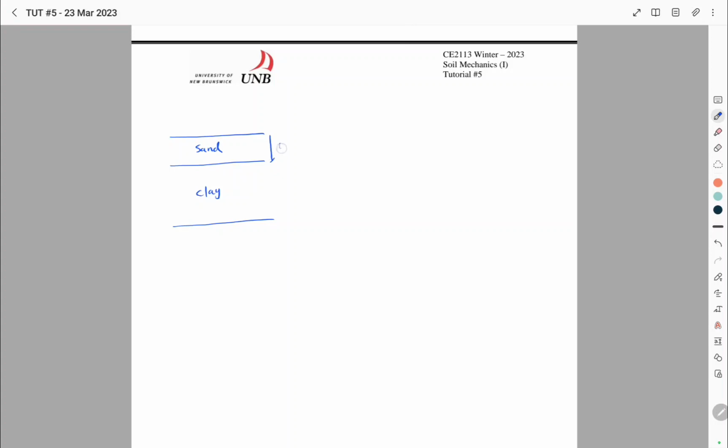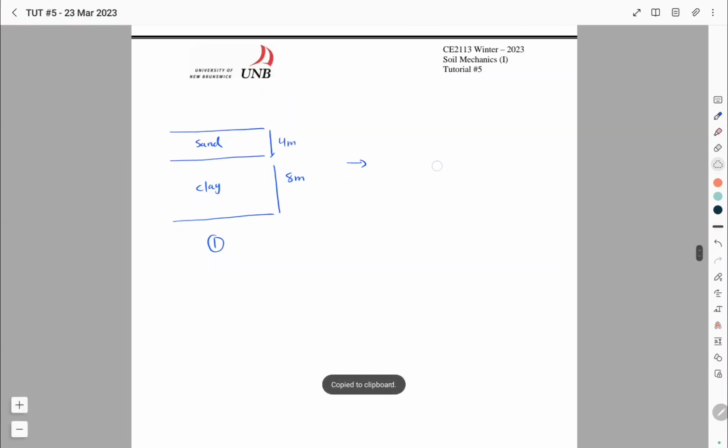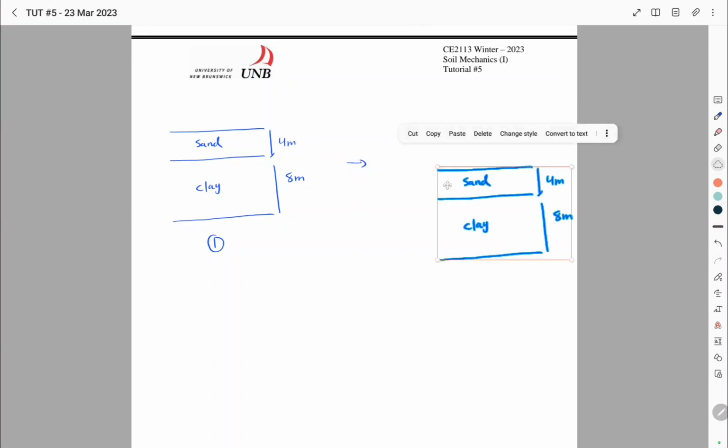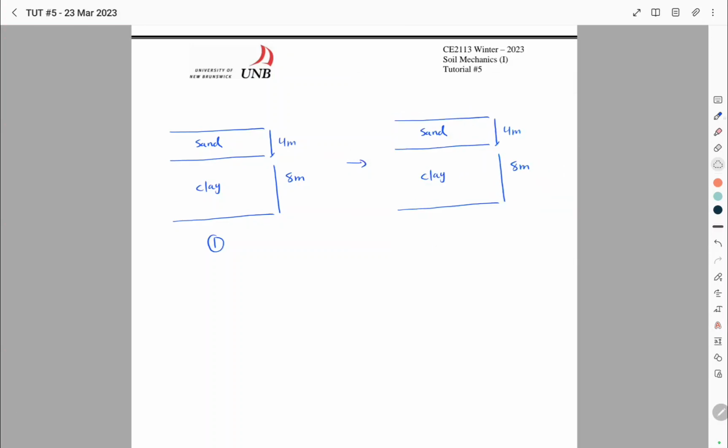This is 4 meters, this is 8 meters. This is the initial situation, and then we have the same, but with an external load on top of these two layers.